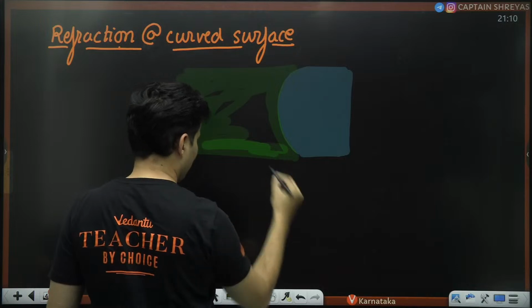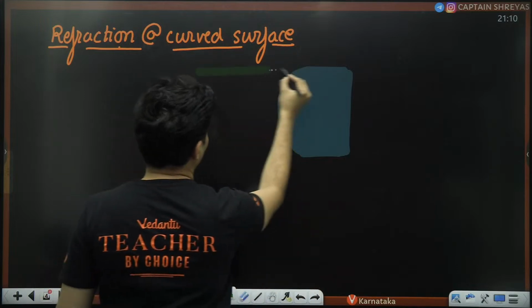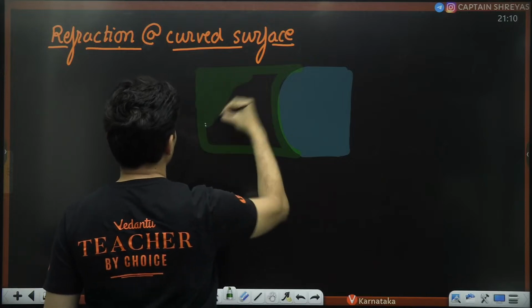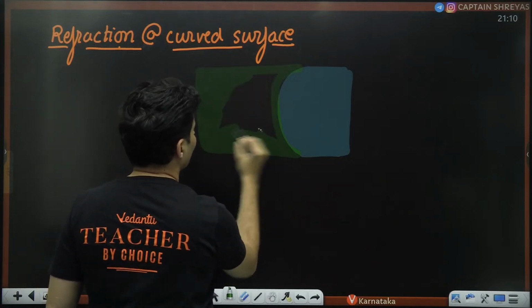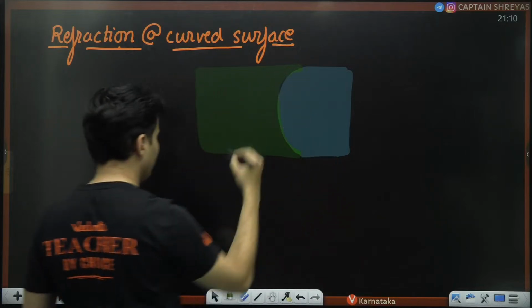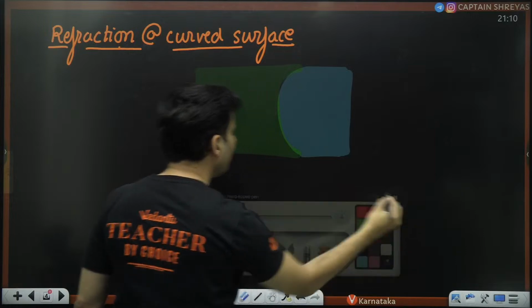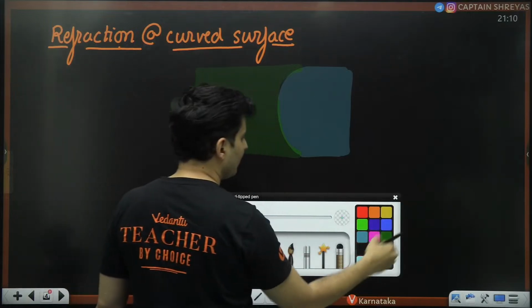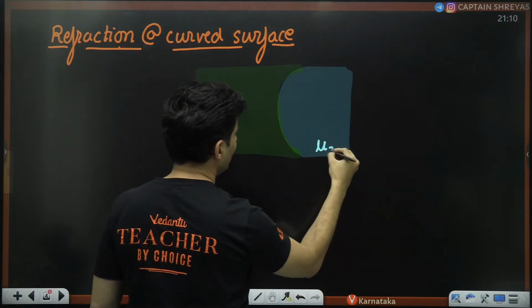It could be air-water, or water-glass, or diamond-air, or air and some glycerin and some diamond. Who knows? Some two different mediums are there. This medium has a refractive index of mu1. This medium has a refractive index of mu2.